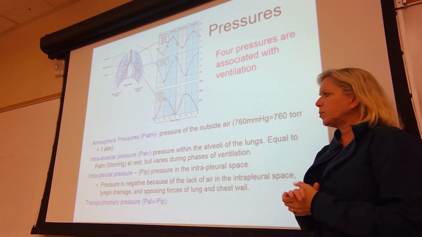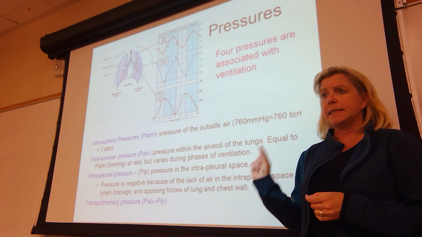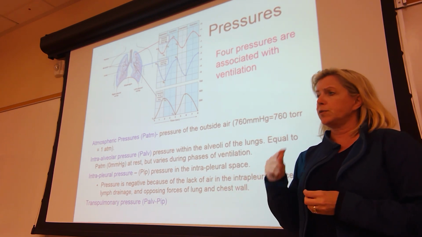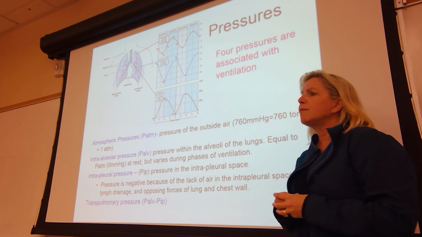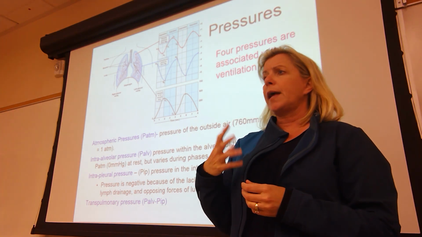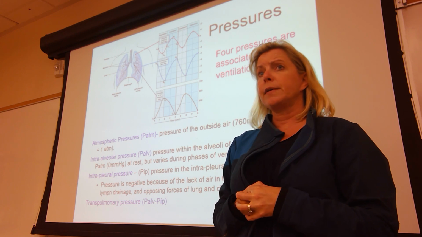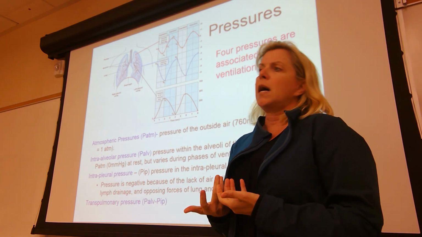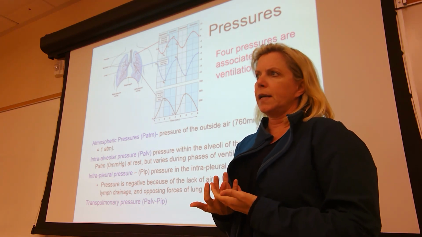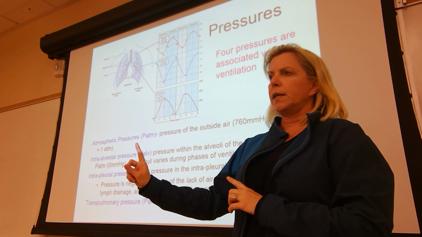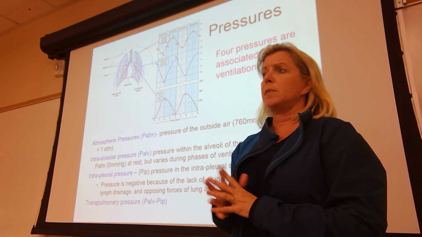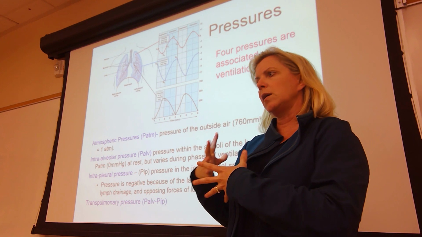So that intrapleural pressure should always be negative under normal, healthy circumstances. In the video where you saw Mark Wahlberg have a collapsed lung, his intrapleural pressure was no longer negative. The air got inside that pleural cavity, and it quickly equilibrated to the outside atmospheric pressure, which made his lung collapse.